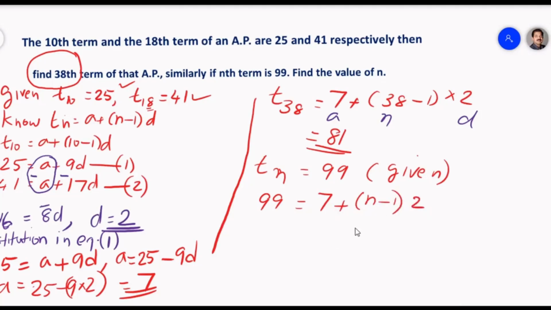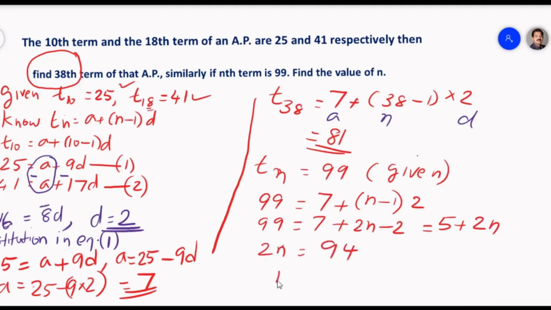We can rewrite it as 99 is equal to 7 plus 2n minus 2, and after rearranging it will be 5 plus 2n on the right side. That means 2n is equal to 94, because 99 minus 5, and the answer is 47.